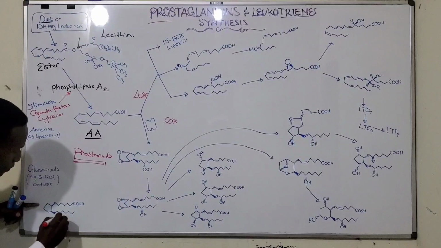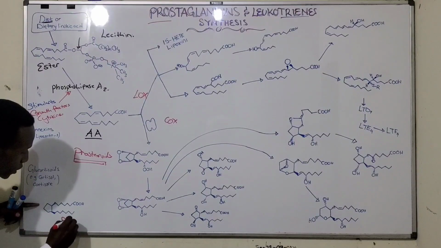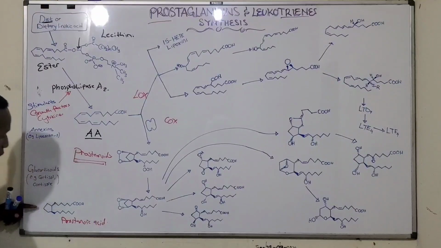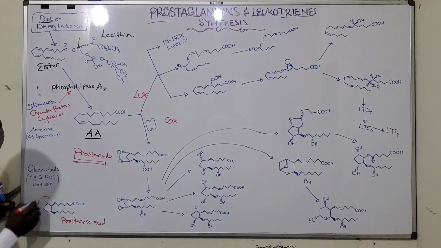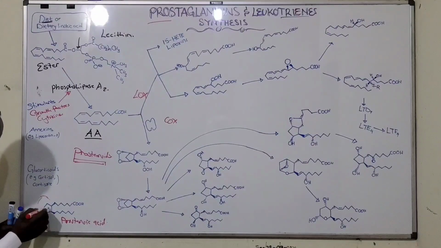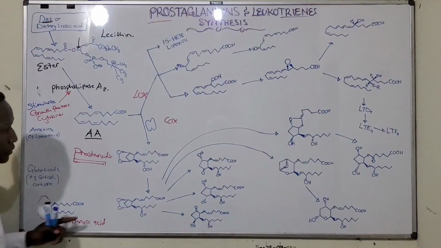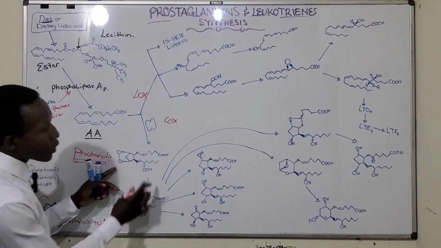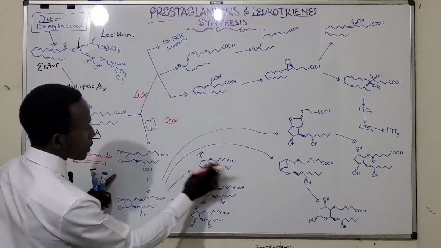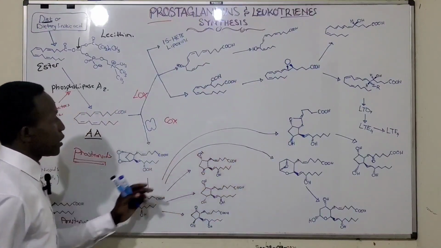This is the prostanoic acid. It has a cyclic pentane ring, this ring here. So you can see that all of them have this ring, so they are called prostanoids.